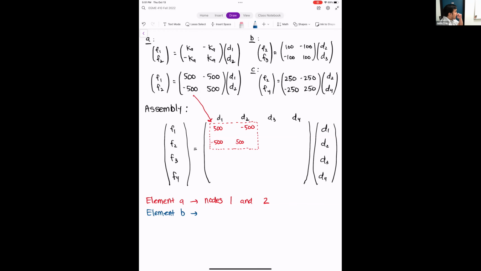Next we have element B. From its element stiffness matrix, we know that's going to be nodes 2 and 3. So nodes 2 and 3 means columns 2 and 3 and rows 2 and 3.